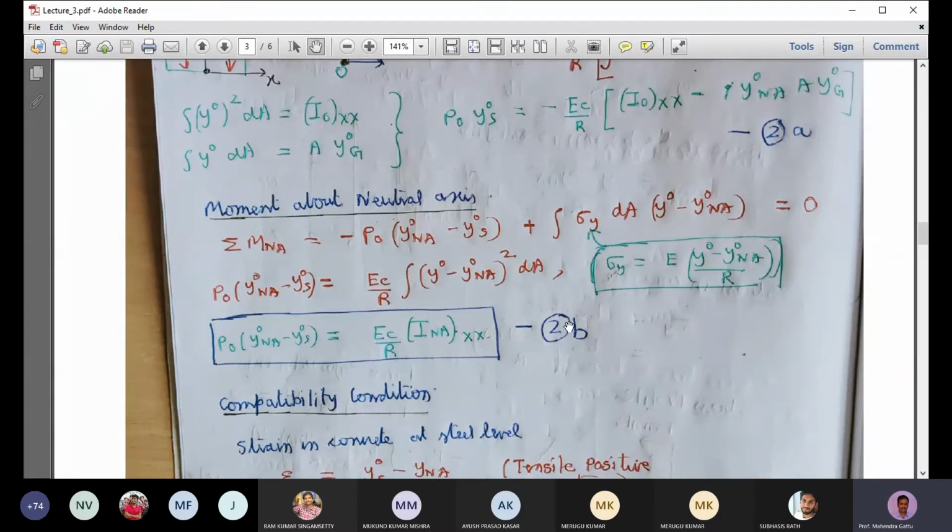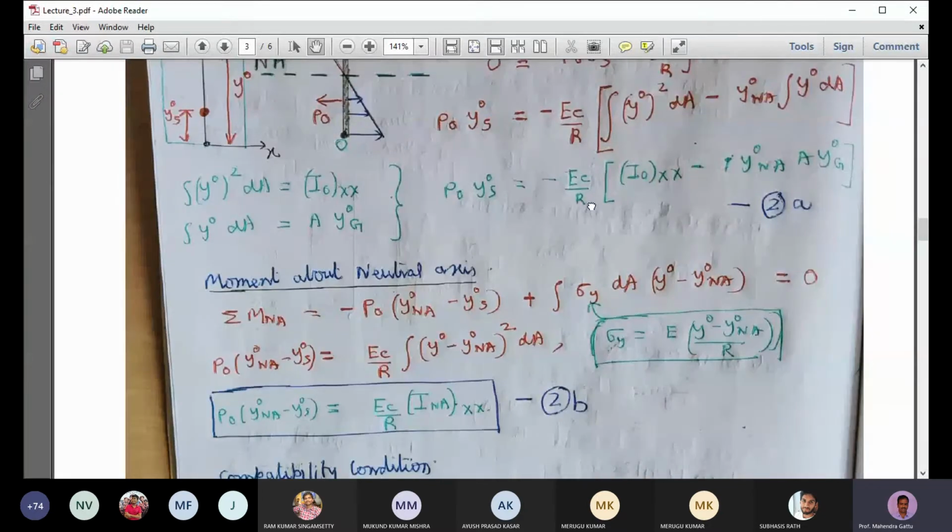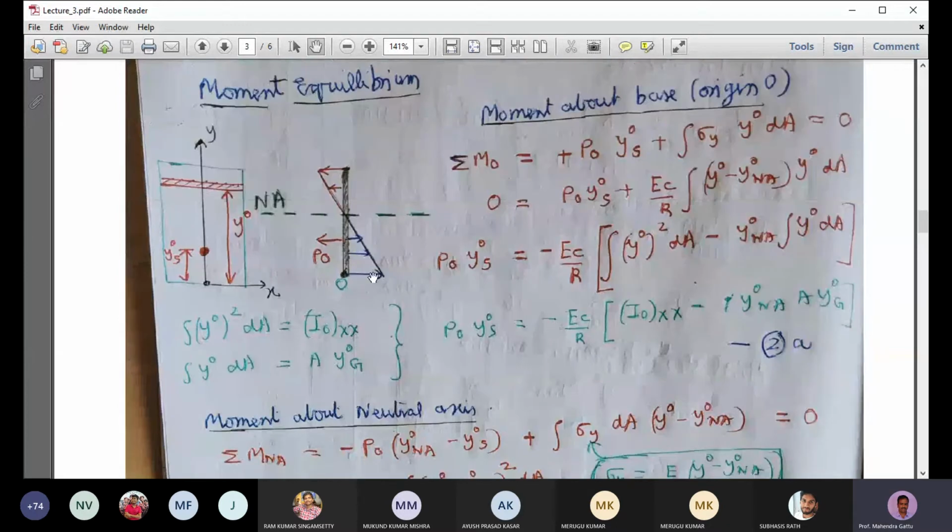I'm still writing this equation as 2B because we are using only moment equilibrium to get two equations, which means these two equations should be equivalent. We will not get any extra information from this. Only for algebraic purposes am I deriving this equation. So I denote the first equation as 2A and the second equation as 2B. For moment equilibrium, we did moment equilibrium about O and moment equilibrium about Na, and we got two equations.